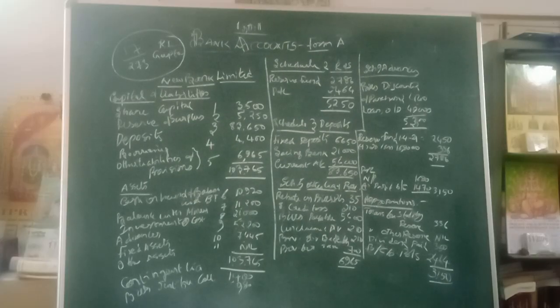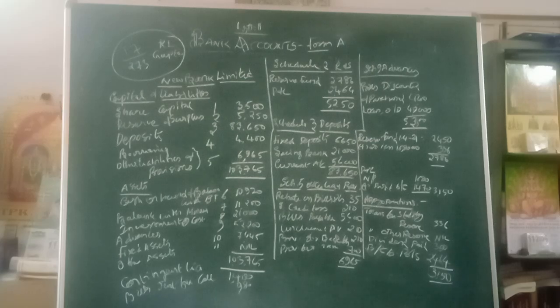I have shown 10,920: cash in hand 420, then balance with the RBI 10,500. The total amount comes to 10,920. That is what we mentioned in the main part of the answer, schedule number 6.